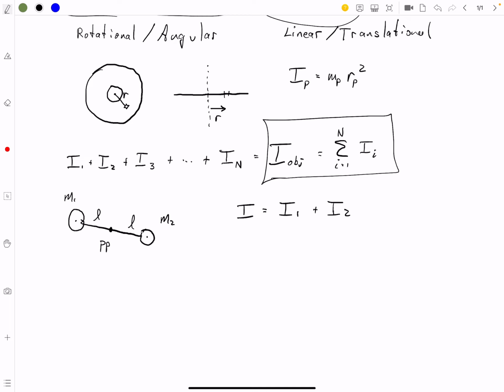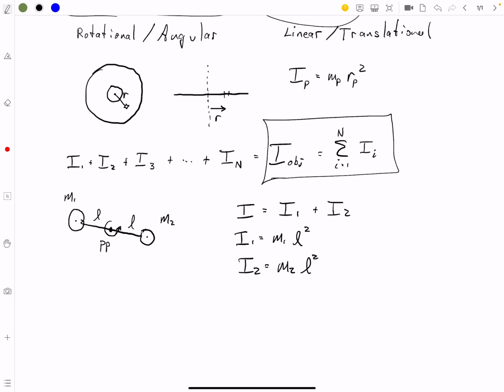Let's start plugging in what I1 is. I1 is equal to mass 1 times the length squared. Let's look at I2. I2 is equal to mass 2 times its length squared from the rotational point. This is the point of rotation, so that is L for each, and we're going to square it.